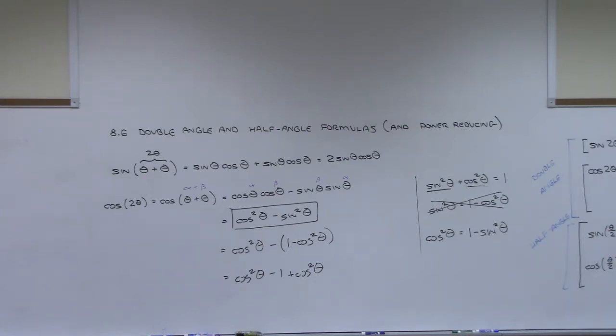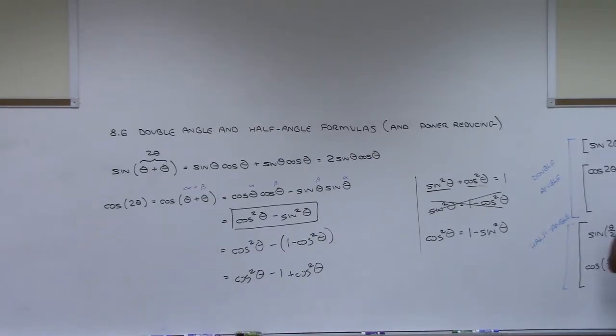Let's look at the last formulas. They're called the power-reducing formulas. In terms of the argument, what does the argument go from? Thetas to 2 thetas, right? But we call these the power-reducing formulas because what they allow you to do is start with something that is squared. So we have a sine of theta that's squared, right?